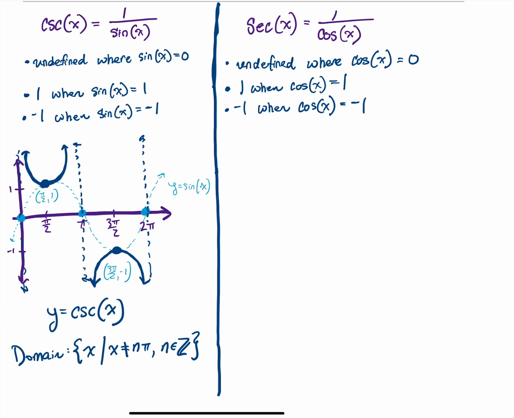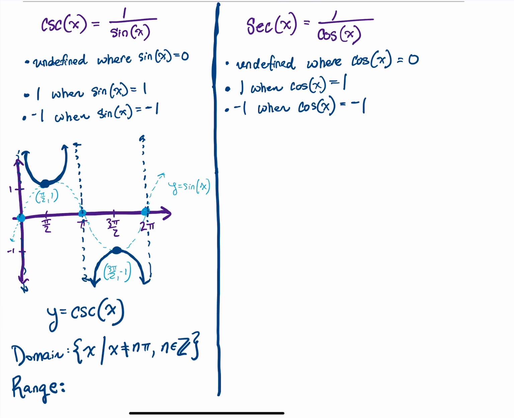And then how about the range? So it goes down to negative infinity up until negative 1 and stops there, and then picks back up at positive 1 and then goes off to positive infinity. So we want to describe those two disconnected intervals.